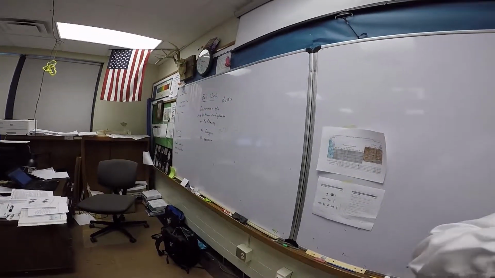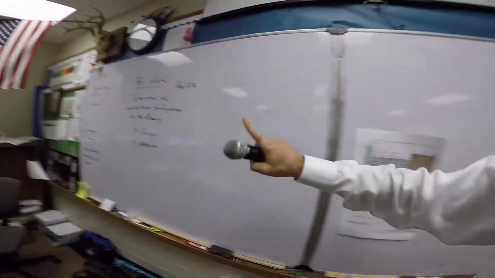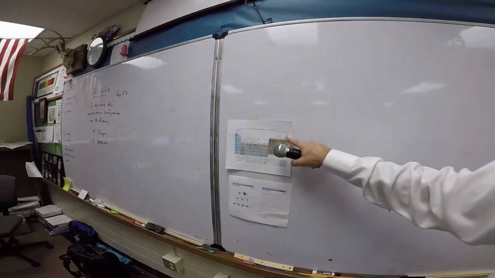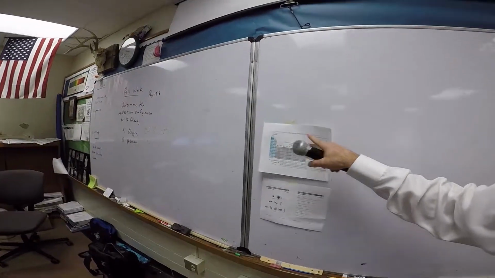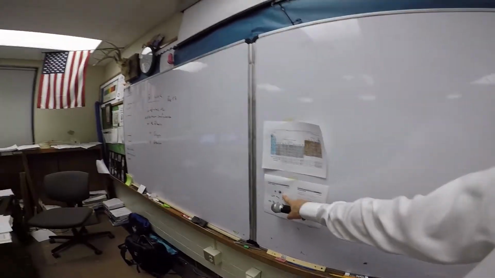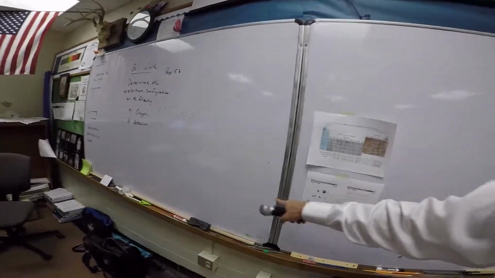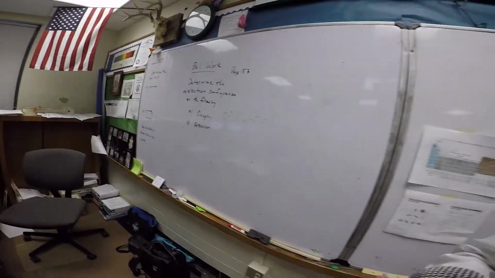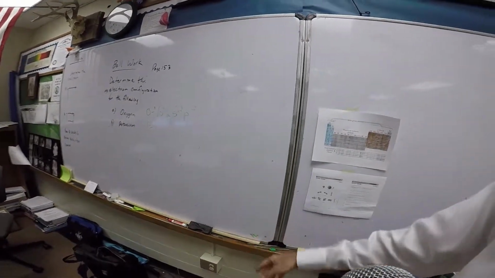Let's take it one step at a time. The first number, the 1, corresponds to the first period. Does everybody see that? That's the first period. The S corresponds to the shape. That's where the electron will be found, in that shape. The number next to it, or above it, like I should say exponent, tells you how many electrons you have there.